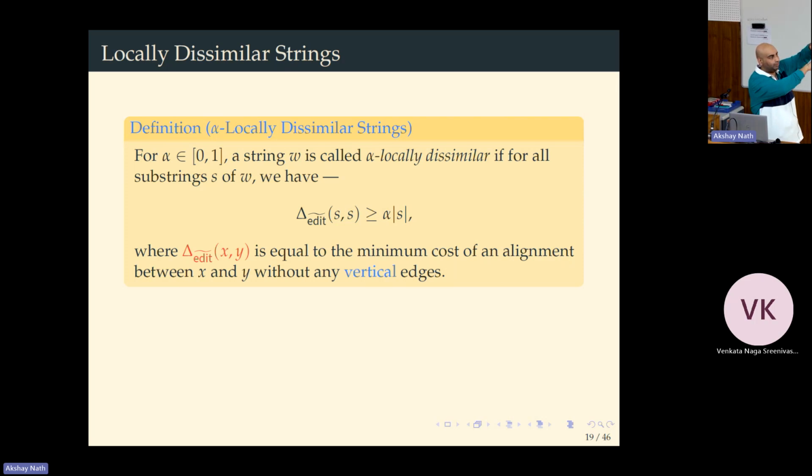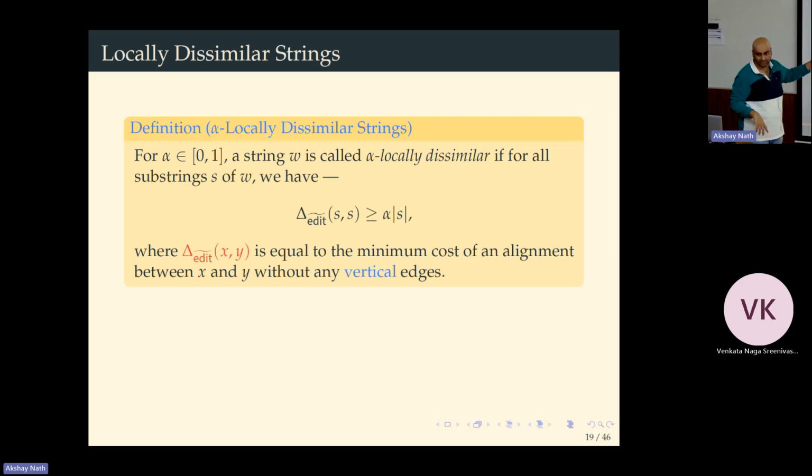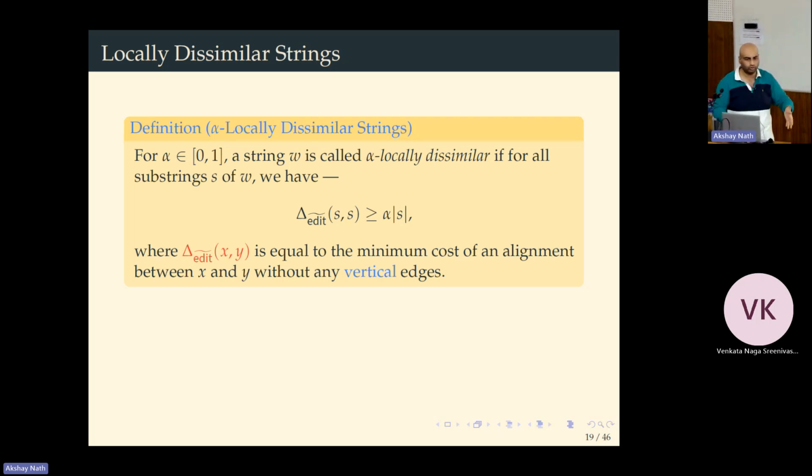So you will map the two 10s down this way. This is called the self-edit distance. If I want to map to myself and I don't allow any direct vertical alignments like in the Hamming case, then it is alpha locally dissimilar if the edit distance of mapping to itself is at least alpha times its length for every substring S of W. This is a property we want.